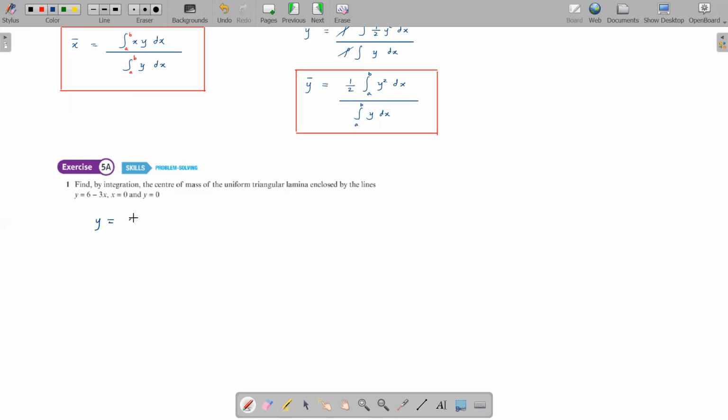Y equals 6 minus 3x. So when you cut the x-axis, you set y to 0: 0 equals 6 minus 3x, and we get x equals 6 divided by 3, x is 2, right?